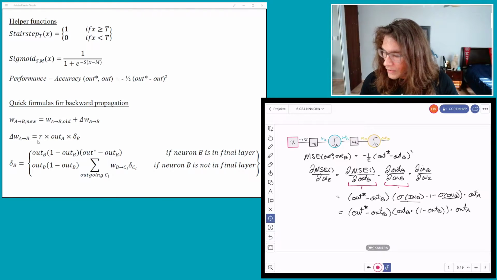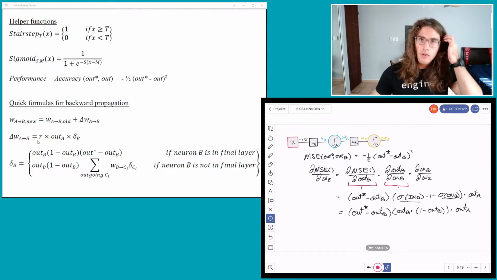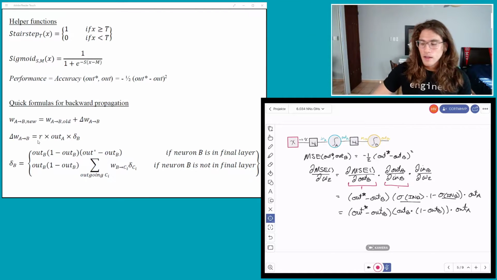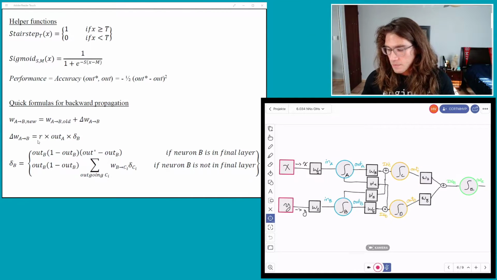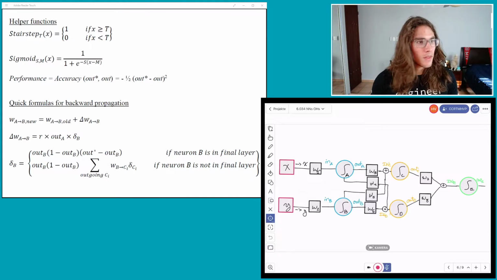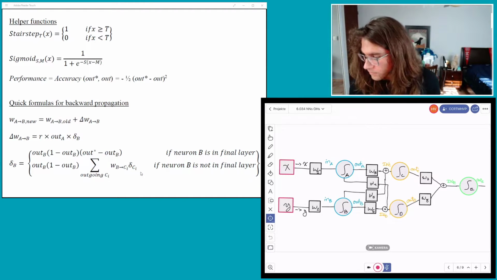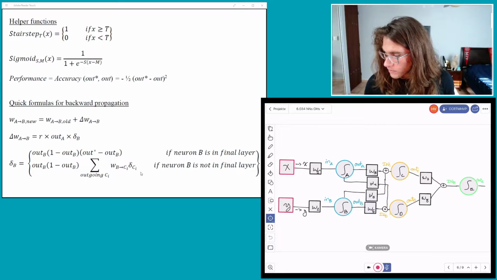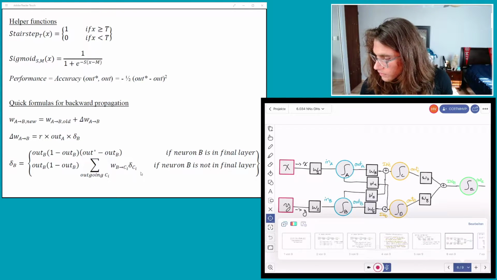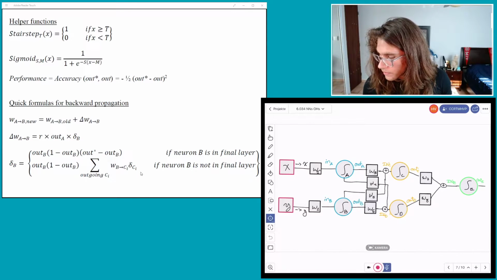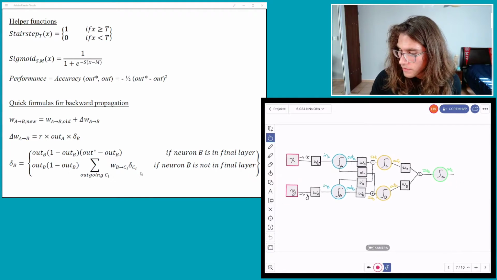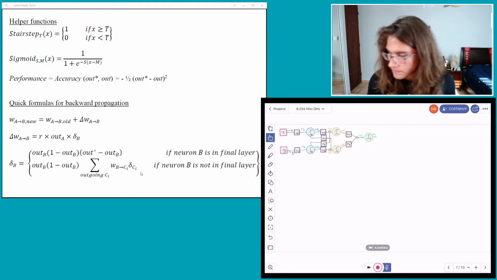So that's fairly simple. I want to give you a more challenging example for you to see where this sum comes from. This sum of WBC delta C. Okay, so let me squeeze this to the corner.